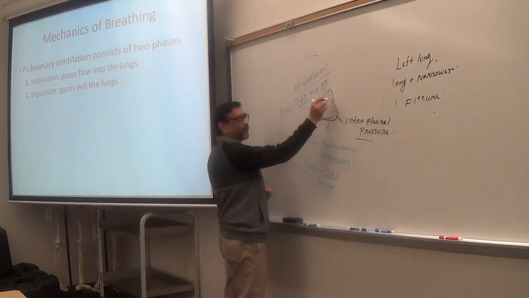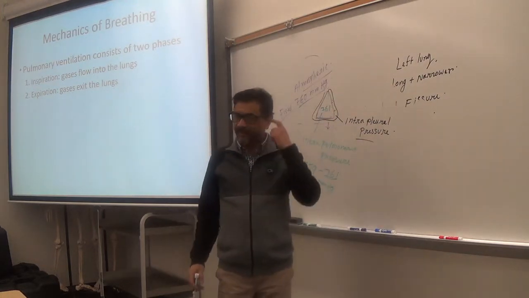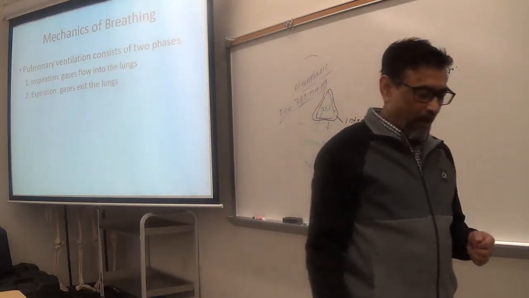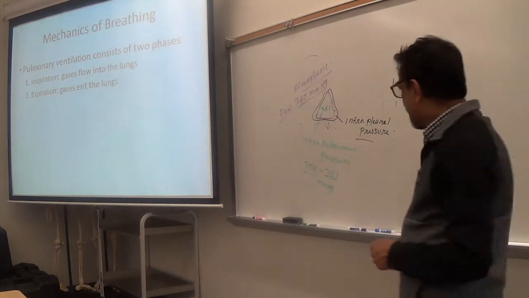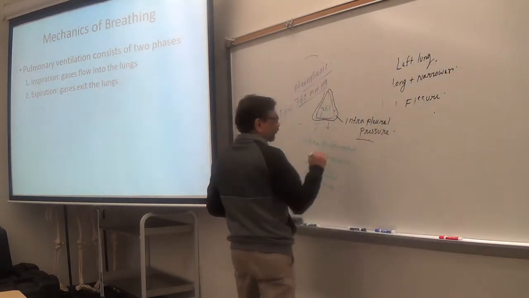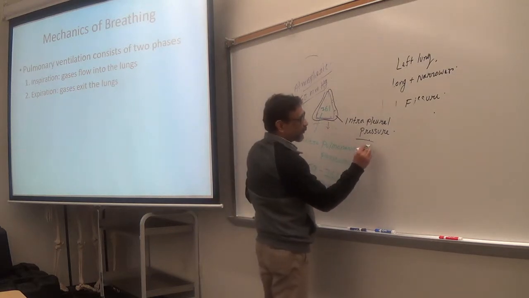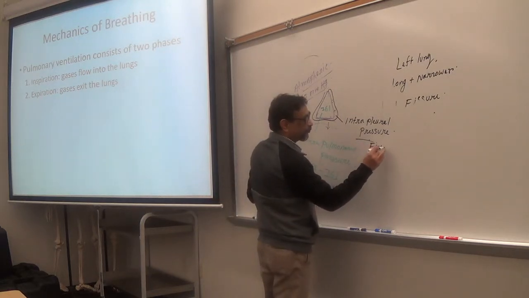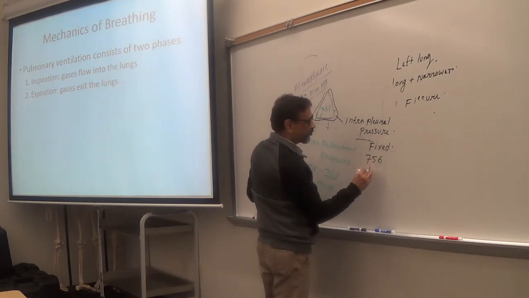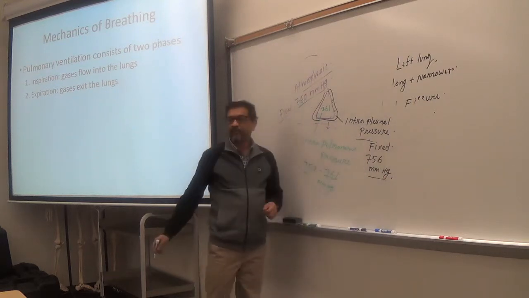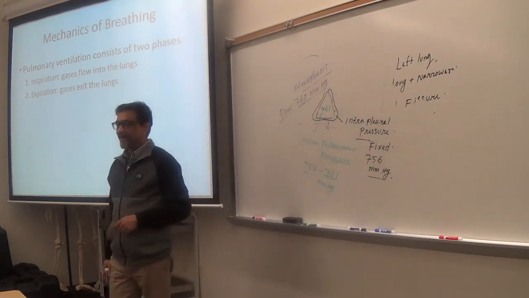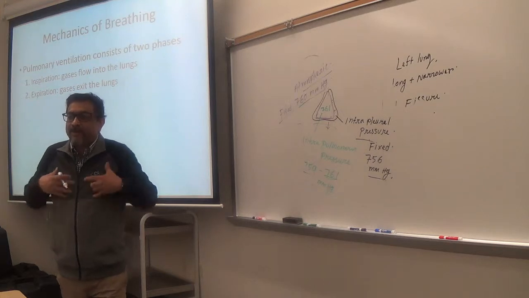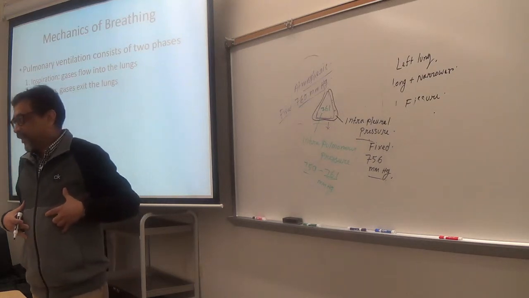Here, in between the parietal and visceral layers, in that cavity. And this pressure is also fixed, and it is 756 millimeter of mercury around the lung, inside the pleural cavity. Around what? The lung, right?